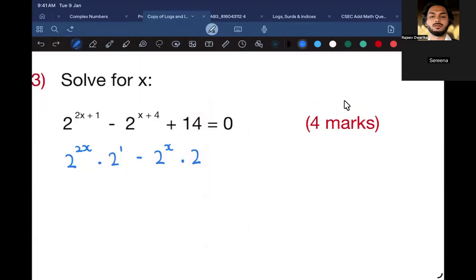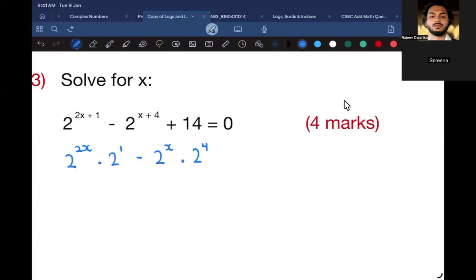Serena, which rule for the indices are you using? I don't know the name for it, but I know it's a to the power of m plus a to the power of n equals... wait, hold on, I said it wrong. You're supposed to multiply.